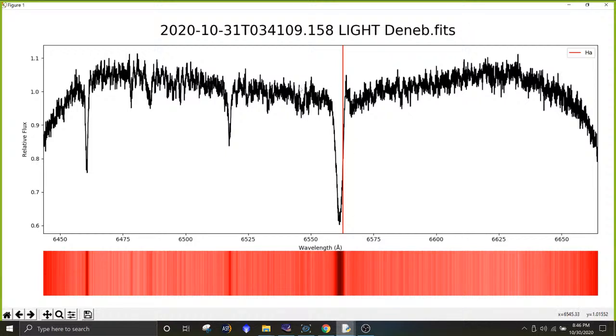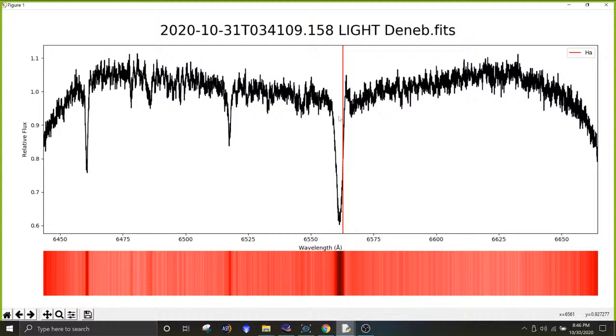Looking at hydrogen alpha in that region on Deneb, this is where we can see a very special profile of the star. It's designated the P Cygni profile, because what we have here is a normal absorption line, but at the same time there's a little bit of emission of hydrogen over here.